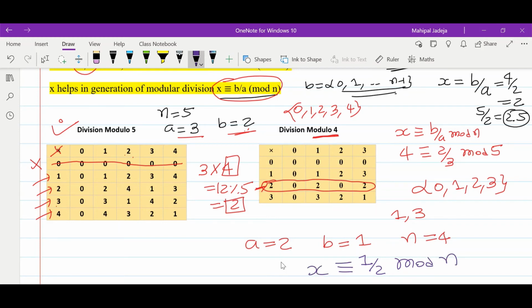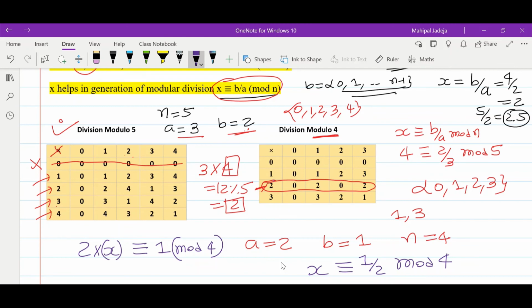We need to find x such that x is congruent to 1 by 2 mod n, where n is 4 in this case. In other words, we want to find 2 times x such that if we perform mod 4 on it, our answer is 1. So 2x must be congruent to 1 mod 4.